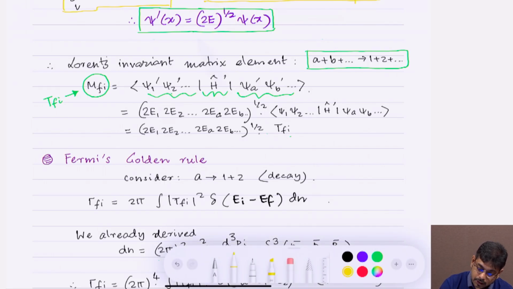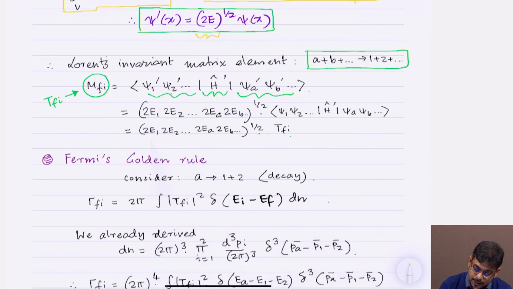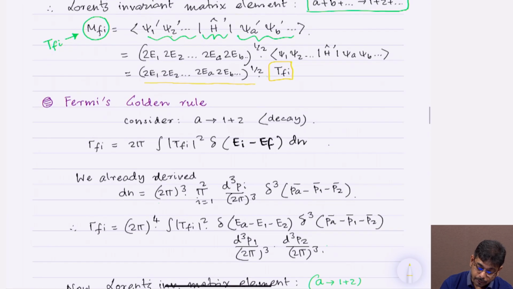So, using that we can say that this will be (2E1 2E2 2Ea 2Eb) to the power half into T_fi.